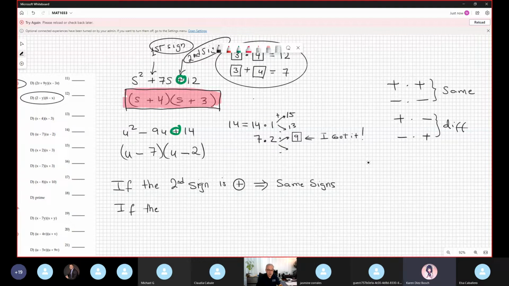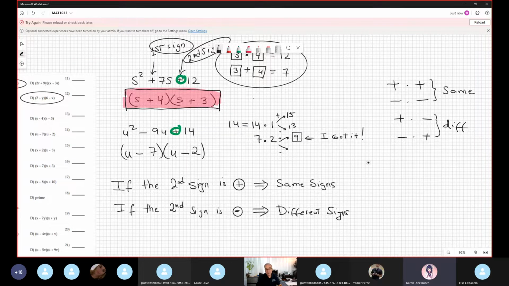Because what happens if the second sign is negative? Automatically, I know that we expect different signs. Different sign is this situation, plus minus, minus plus. I know, professor, but which is plus and which is minus? Okay, the conclusion is the bigger number.